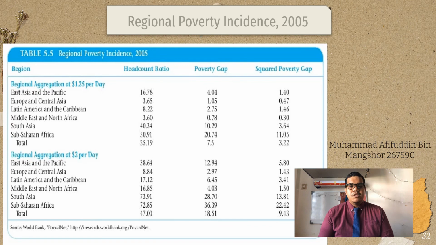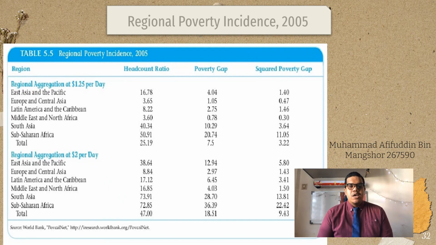But poverty severity is far higher in Sub-Saharan Africa, with a squared poverty gap index P2 at 11.05%, far above that of South Asia at 3.64%.